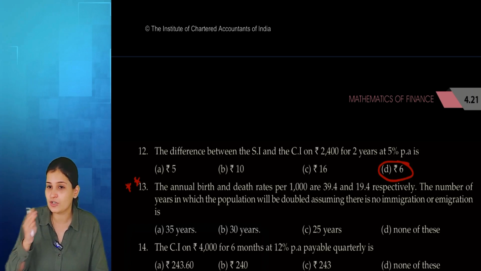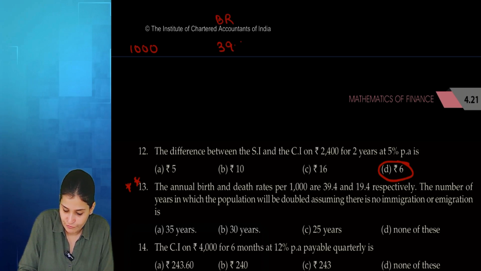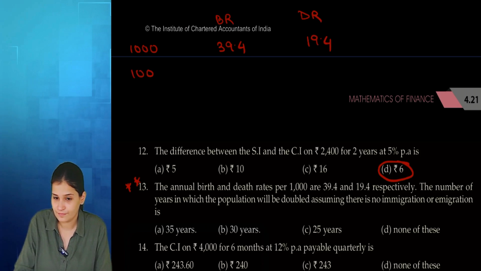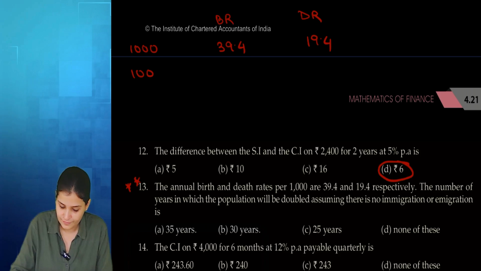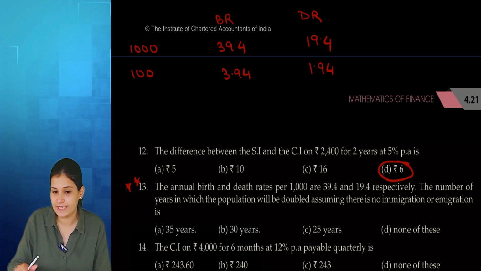Here it says for 1,000. So for 1,000, birth rate is 39.4 and death rate is 19.4. So on 100, what will be the rates? 3.94 and 1.94. Everyone got divided by 10.